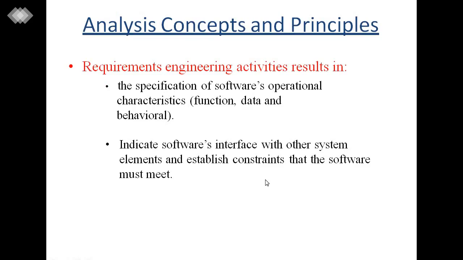In requirement engineering, the activity results in the specification of software operational characteristics, which includes function, data and behavior. It also indicates software interface with other system elements and establishes constraints that the software must meet.